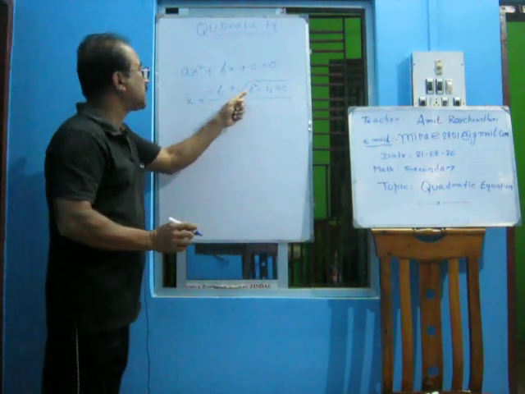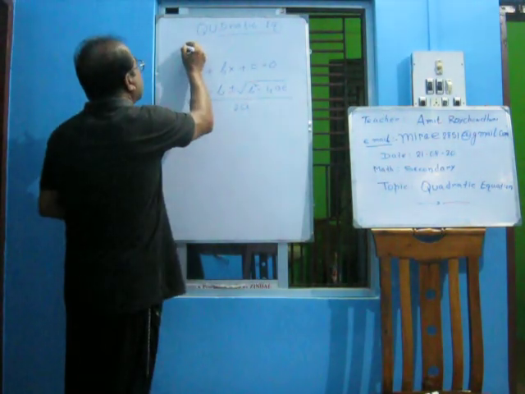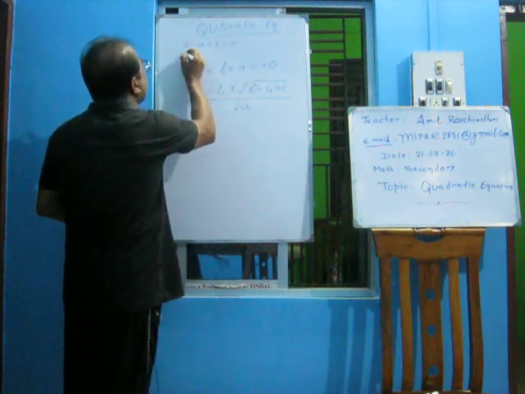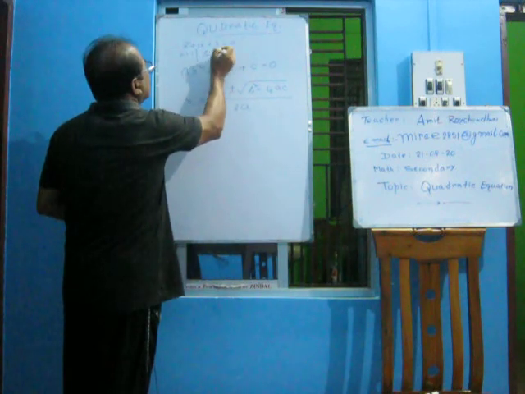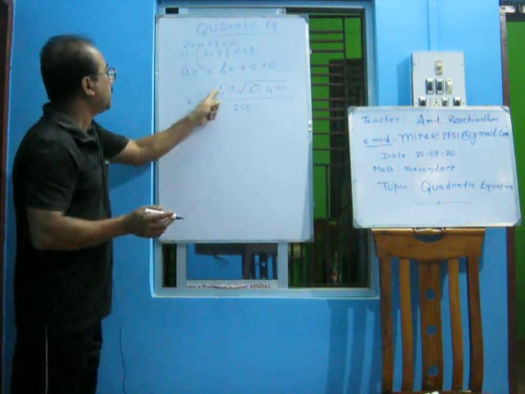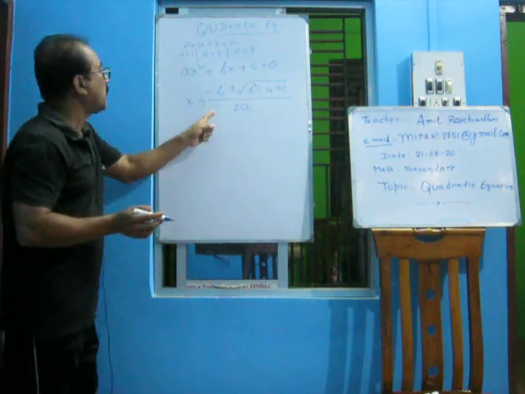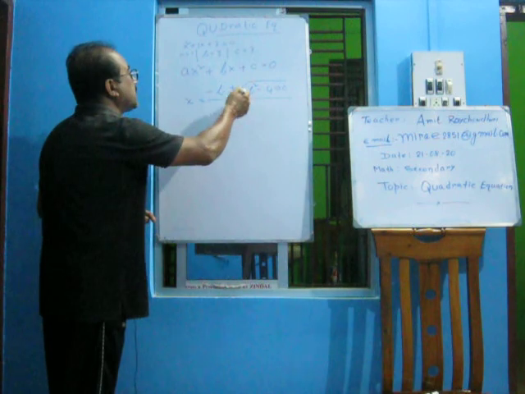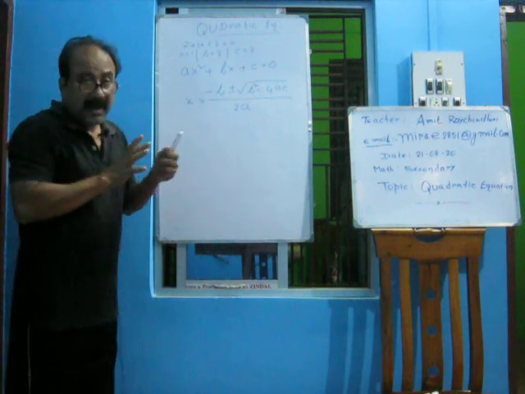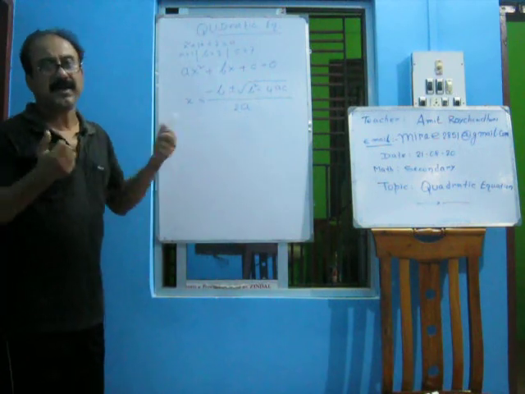For example, if the equation is x square plus 3x plus 7 equal to 0, then a equal to 1, b equal to 3, c equal to 7. Putting the value of b, b square means 9, minus 4ac, by 2a, and x will automatically have two results, derived very easily. I am not going to do factorization; I directly put the values of a, b and c and get the answers.